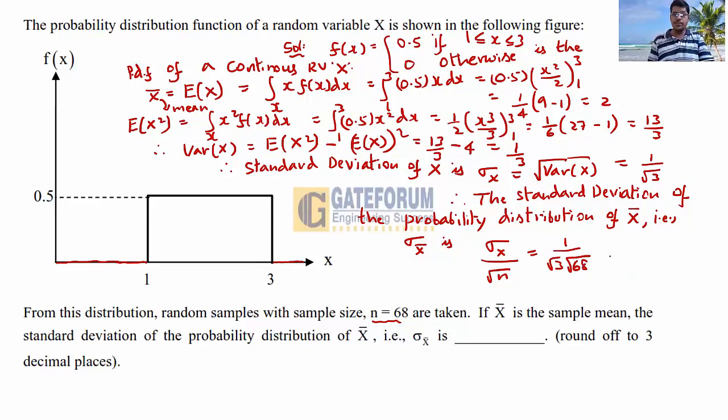So this simplifies to 1 by square root of 204 approximately. The question requires rounding to 3 decimal places, so this is 0.070. So the answer is 0.070. This is the end of the question.